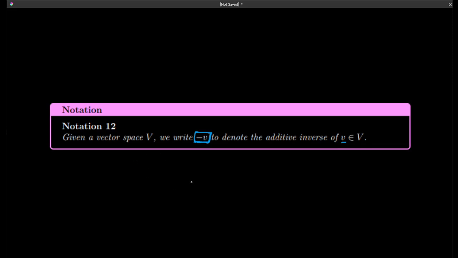We are not yet claiming that minus V is equal to minus 1, the additive inverse of the multiplicative identity of the field, scaling the vector V. We are not yet claiming that. This is purely notational, so not yet.